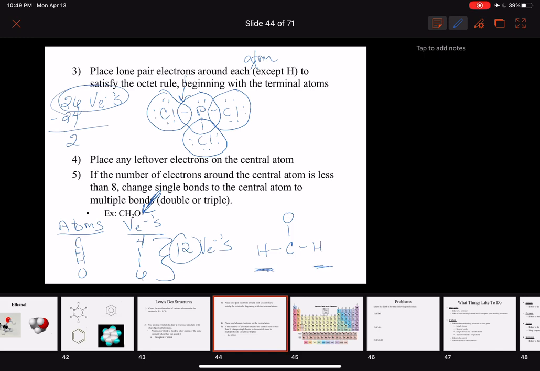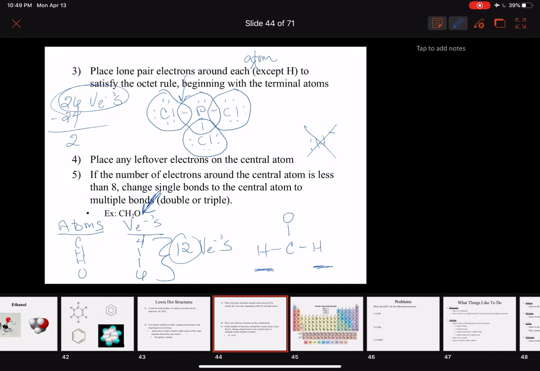So they're not going to have a lone pair on them. Don't ever put a lone pair on hydrogen until you get advanced in chemistry and you're going to work with something called a hydride, which has a lone pair and a -1 charge, but we're not going to do that in here. So don't put lone pairs on hydrogens, okay? They're happy with a duet.